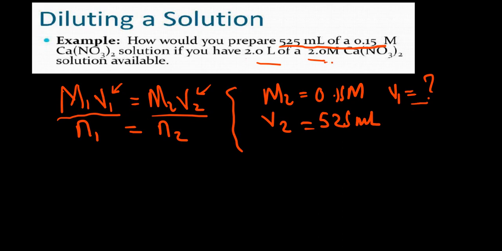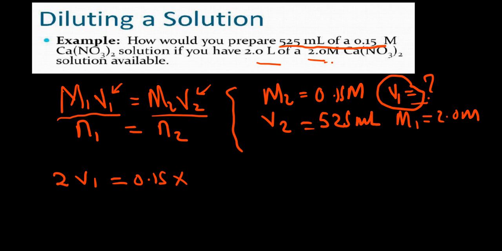So M1, which is 2, multiplied by V1 equals M2, which is 0.15, multiplied by 525. So V1 is going to be equal to 0.15 multiplied by 525, and then we divide that number by 2.